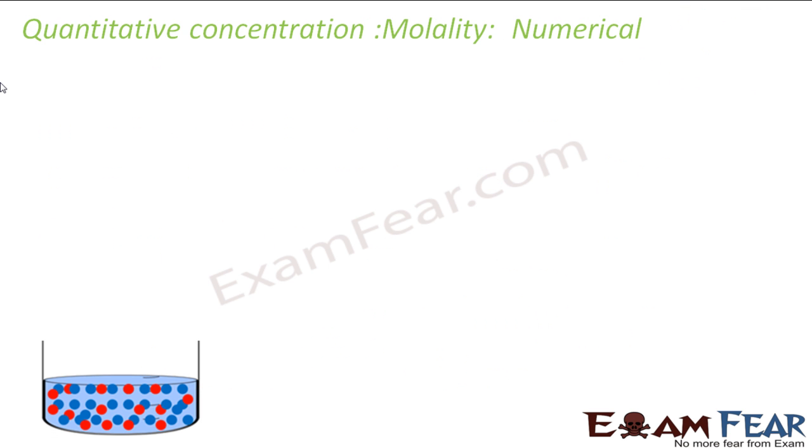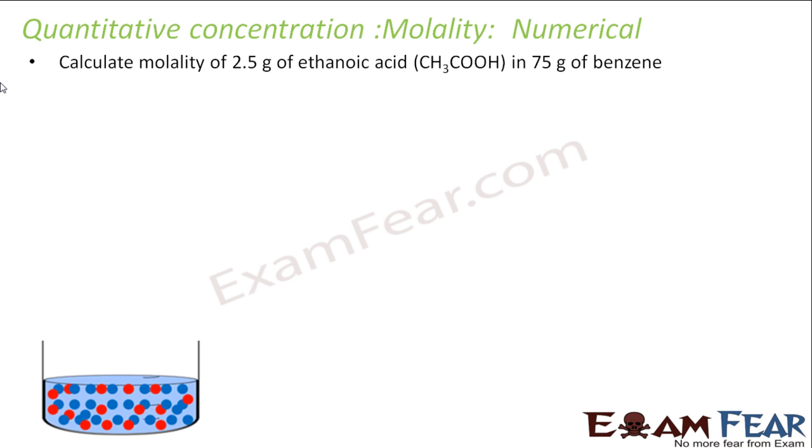Let's take some numericals on molality now. We have to find the molality of 2.5 gram ethanoic acid in 75 gram of benzene. So I have benzene here. Let's suppose this is my benzene. Blue is my benzene, and the red one is my solute, that is ethanoic acid.